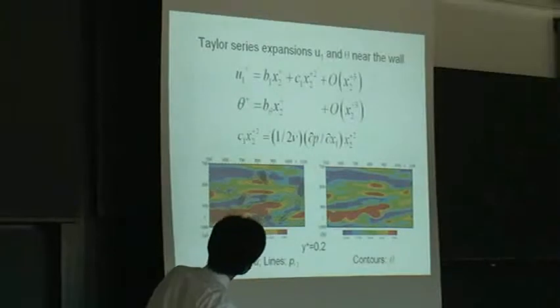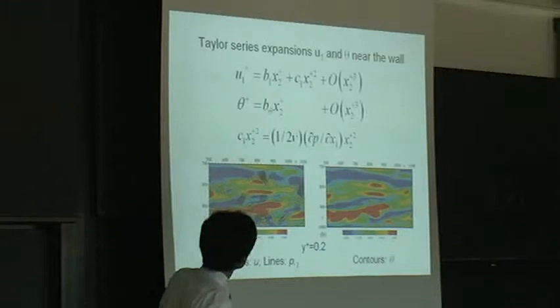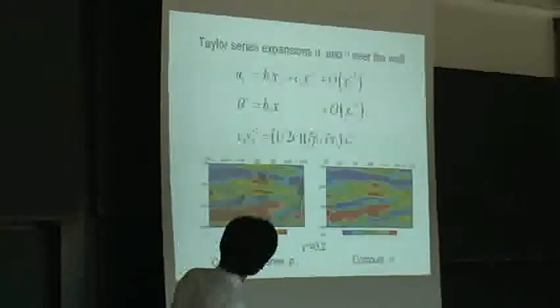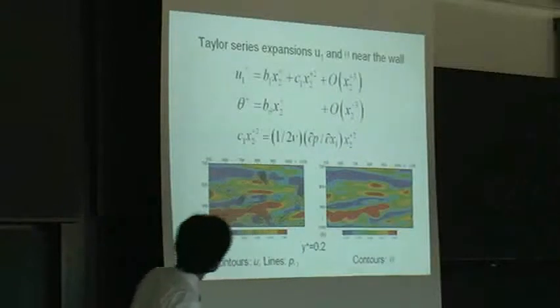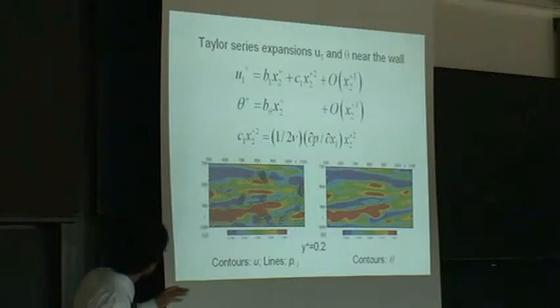Also, looking at the instantaneous field at the wall, we see the difference between the two quantities. This is the u, this is the theta, almost at the wall. As you see, there is a difference between these two quantities where the large magnitude of dp/dx, the streamwise pressure gradient, appears.